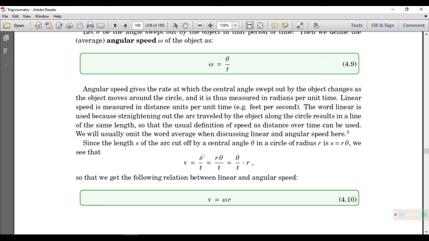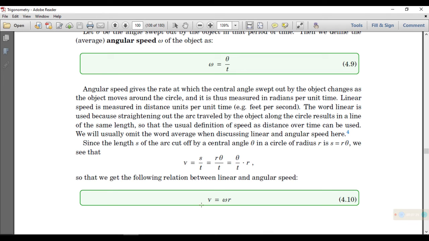So substitute natin si radius times theta, or the measurement of your angle in radians, over time, which is then equal to theta over t times r. Ano si theta over t? Si theta over t ay yun yung omega natin, angular speed.